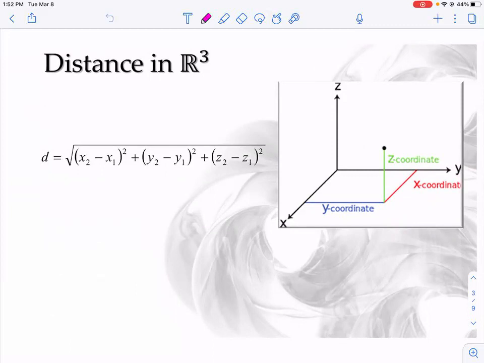So to calculate the distance in 3 dimensions, really not that much different than how you calculate distance in 2 dimensions. We just have a third piece underneath.